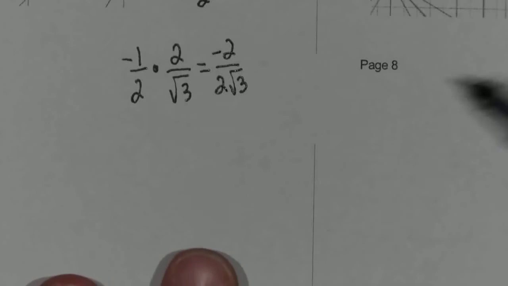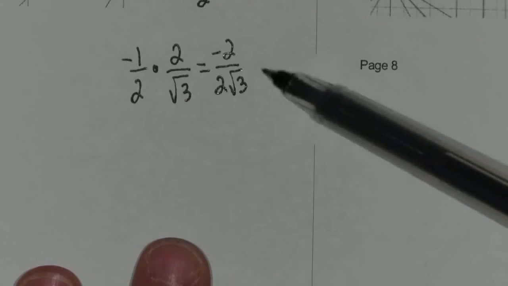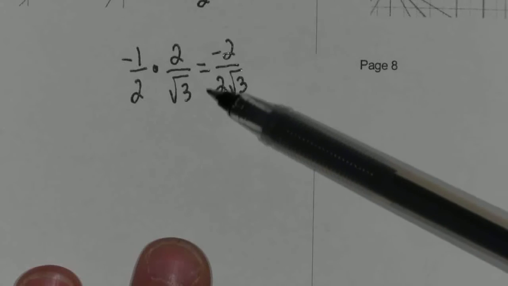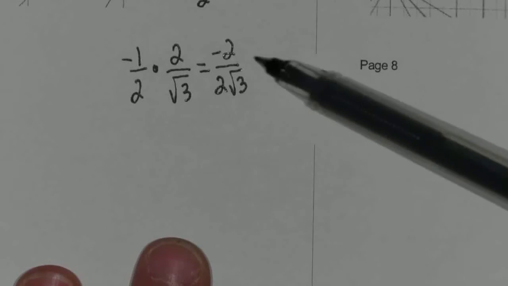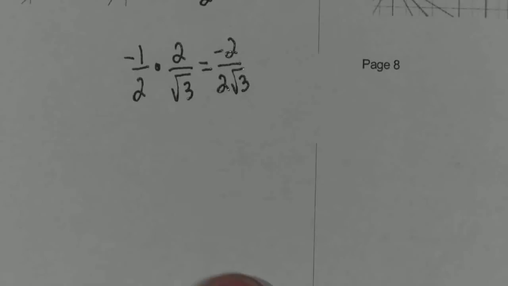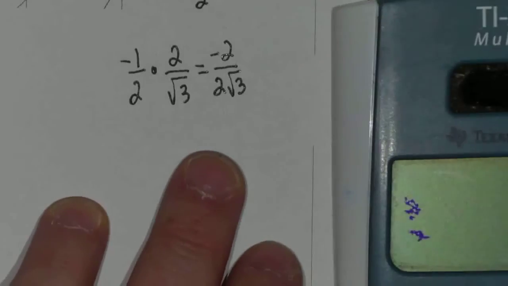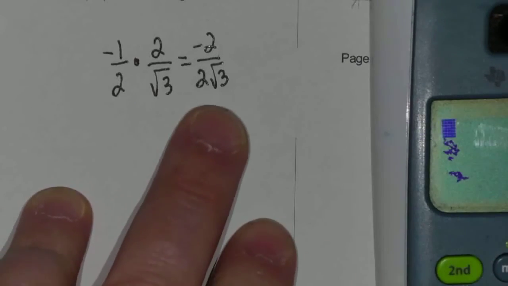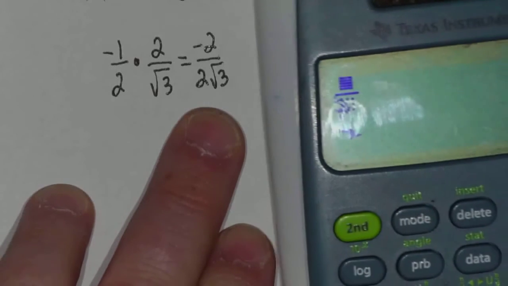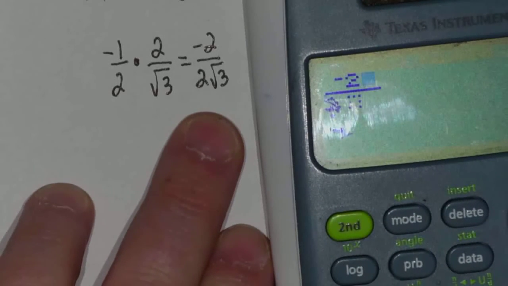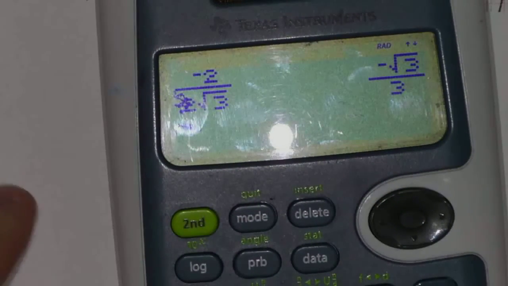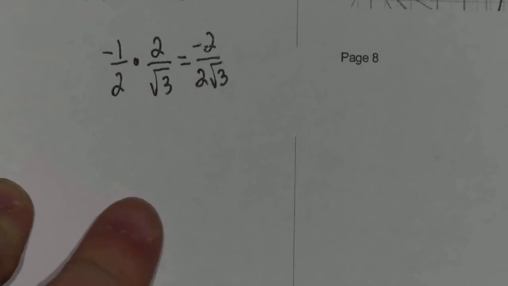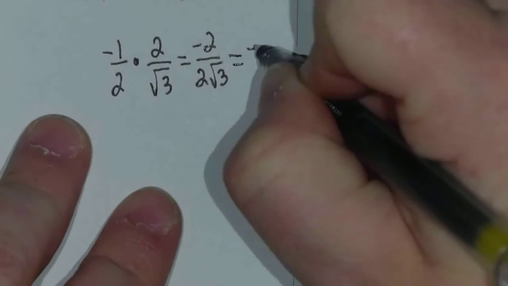Now, I would love to be done right here, but you know I can't leave a square root on the bottom. So you could totally simplify this right now and then get rid of that square root on the bottom. Or you could just punch it in your calculator the way that it is. So turn your calculator on and do on your fraction. Just do a negative 2 on the top. Do 2 square roots of 3 on the bottom. Hit enter and it will reduce it for you. So you have negative square root of 3 over 3 for your solution.